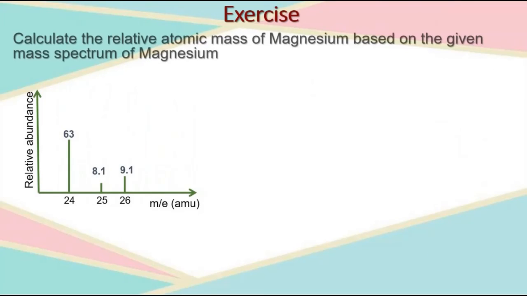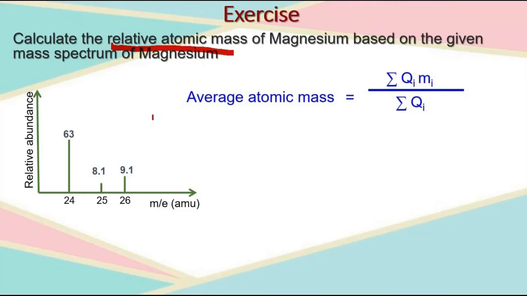Exercise. Calculate the relative atomic mass of magnesium based on the given mass spectrum of magnesium. In order to calculate the relative atomic mass, we need to get the average atomic mass from the given mass spectrum. So first, we write the formula for the average atomic mass. Average atomic mass equals summation QiMi divided by summation Qi. Q represents the relative abundance. M represents the mass.